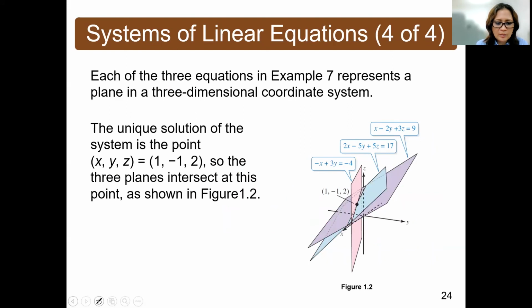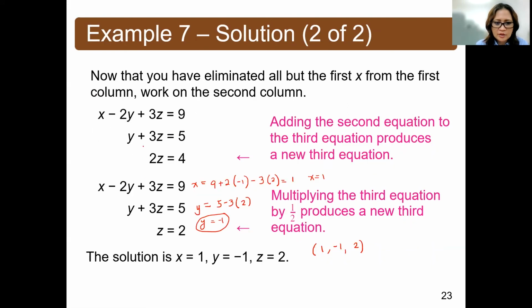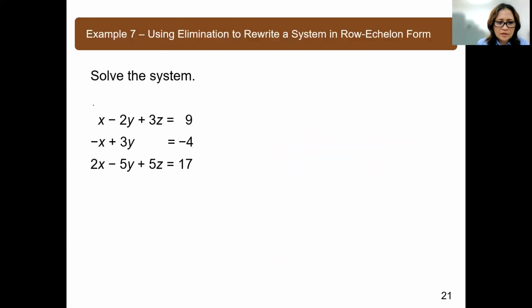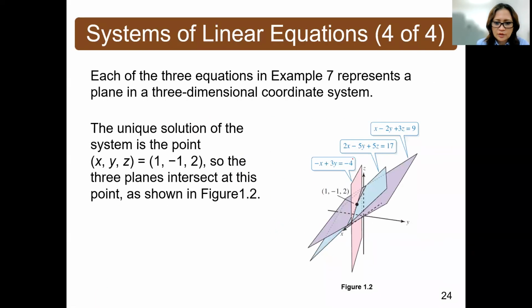Since we were able to come up with a solution, and since we have equations in three unknowns, the graph of each is a plane. This simply tells us that these three planes intersect at the point (1, negative 1, 2).